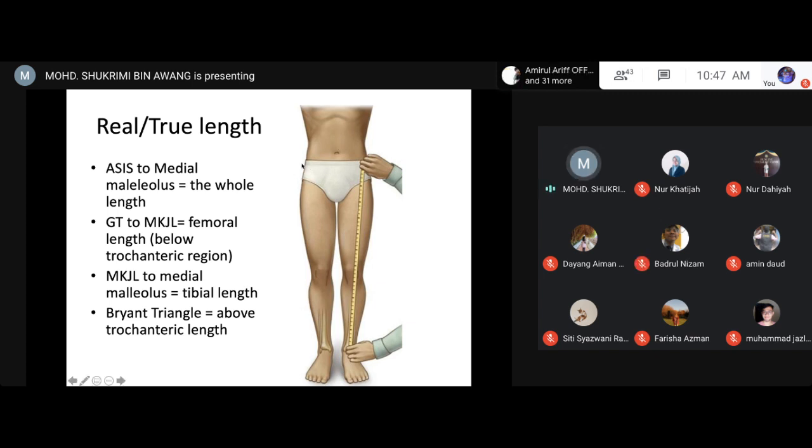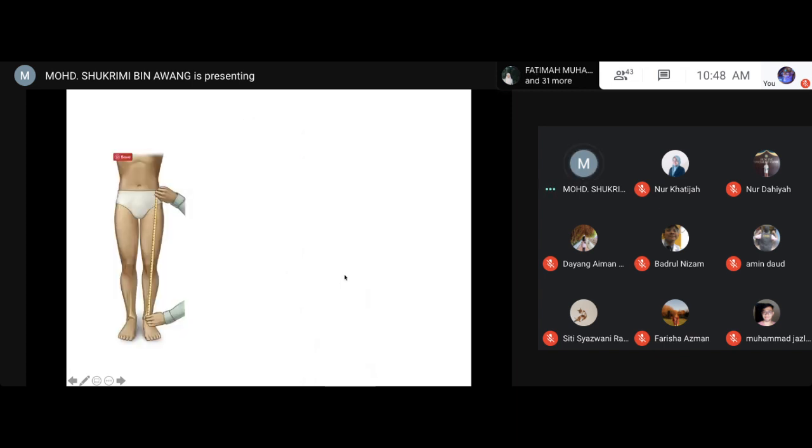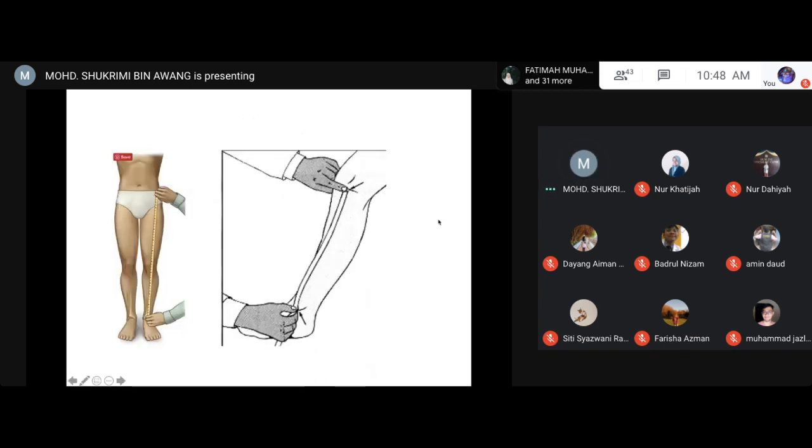Now you notice that we measure from the ASIS to the medial malleolus. And then for the tibia component, you measure from the medial joint line to your medial malleolus.